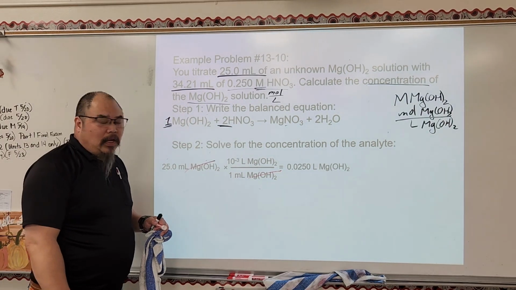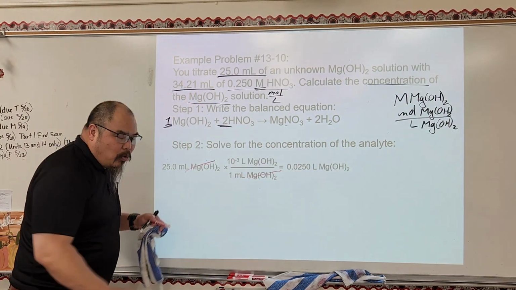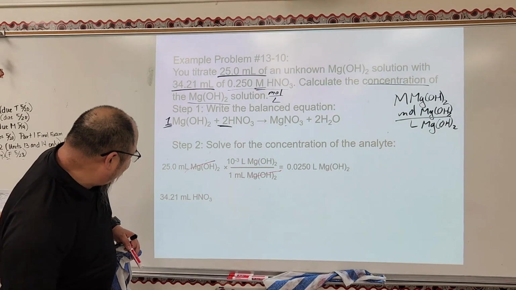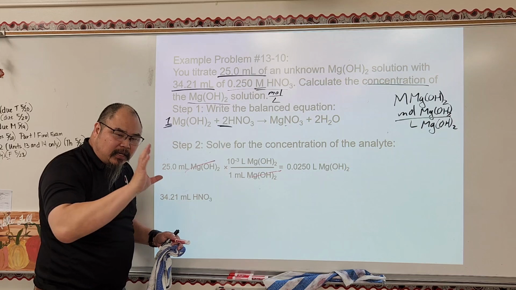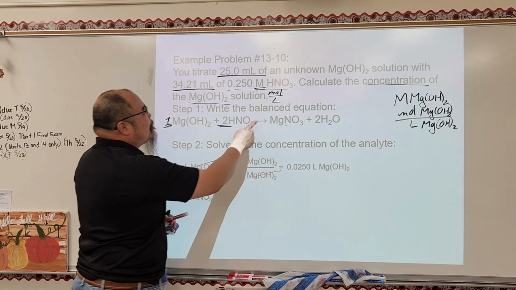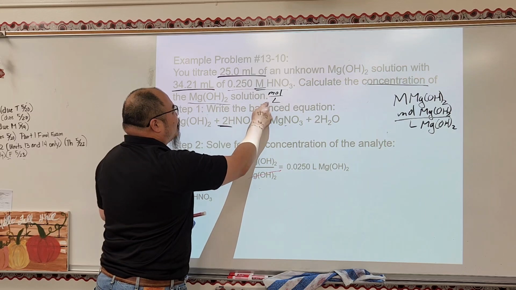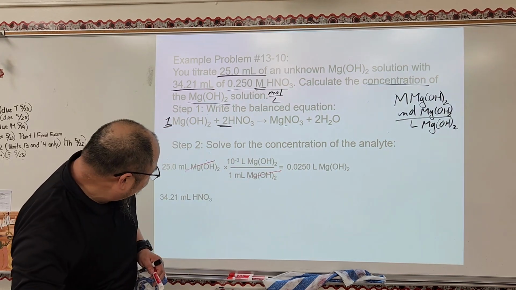All right, so now that we have the volume of magnesium hydroxide, now we can start with the nitric acid, our titrant that we know the concentration of. So we have milliliters here. Again, we have to change it into liters, so the molarity has liters on the bottom, so we can cancel that part out.